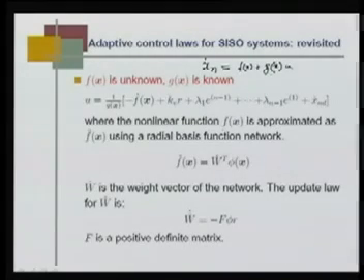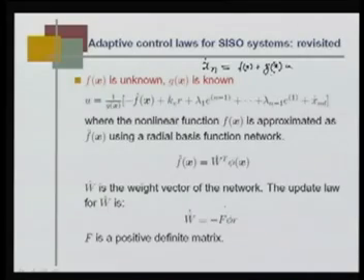The nonlinear function f x is approximated as f hat x using a radial basis function network, f hat x is w transpose phi x, where w hat is the weight vector of the network. The update law for w hat is w hat dot is minus phi f phi into r.